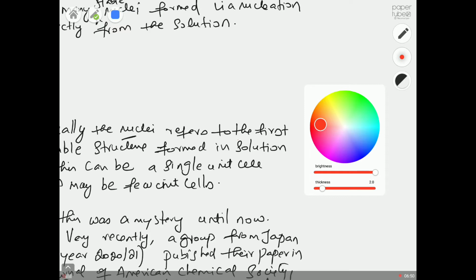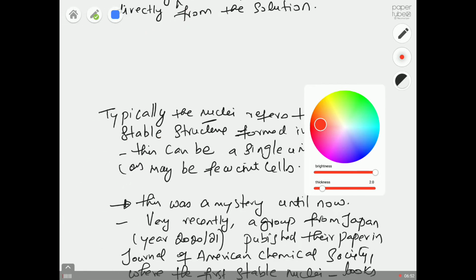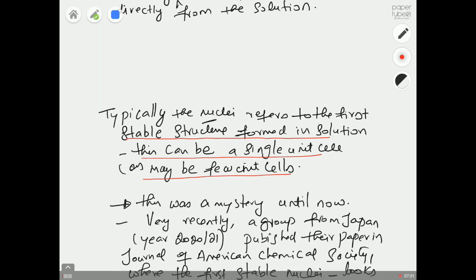So typically the nuclei refers to the first stable structure formed in solution, and this can be a single unit cell or maybe a few unit cells. So try to imagine this type of case. I prefer to draw it this way.